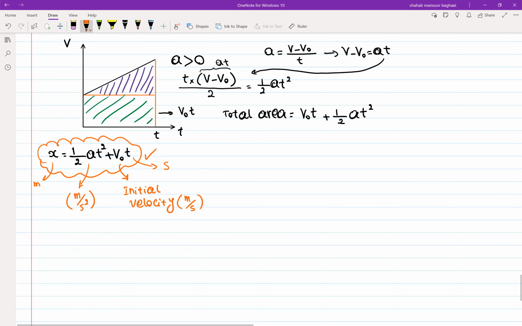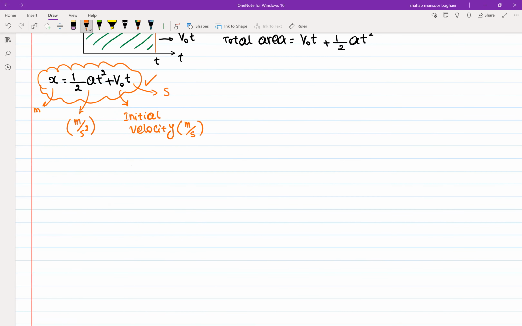Okay, let's have some examples. Example. There is a particle which has an acceleration of 2.5 meter per second square. And you know, it is positive. It means you have increasing velocity.